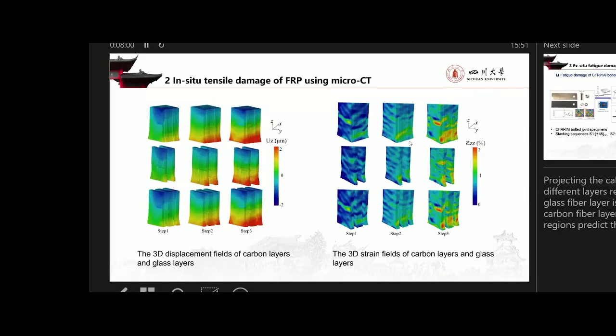And this is the 3D strain field of carbon layers and glass layers. We can see the strain in glass layers is larger than in carbon layers, and the strain field is not uniform, and we can predict the fracture position.